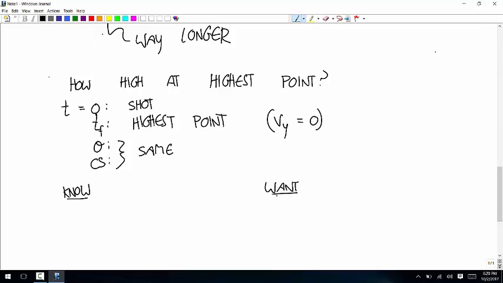Do we know time final? Nope. We knew it for when time final meant something different, but now we don't. Do we know the initial position? Yep, that's the same as it was before. Do we know anything about the final position?